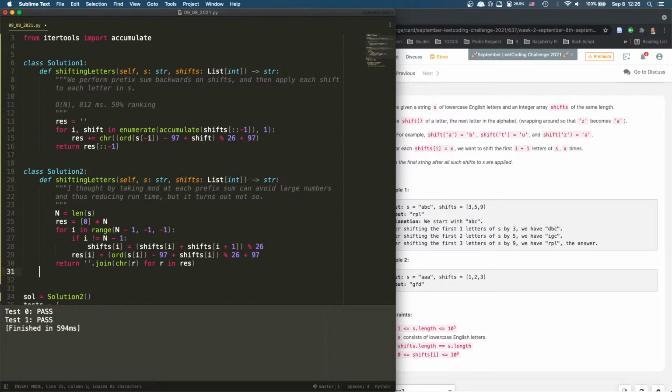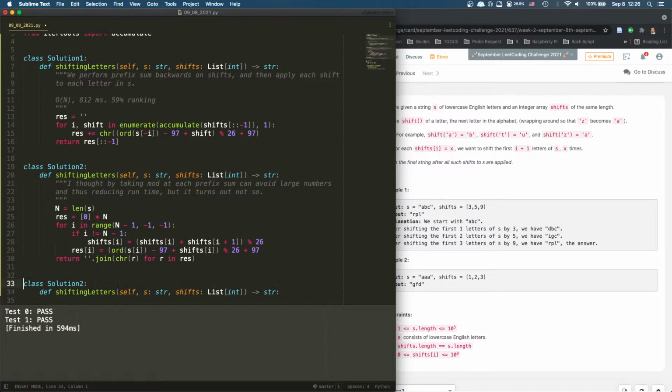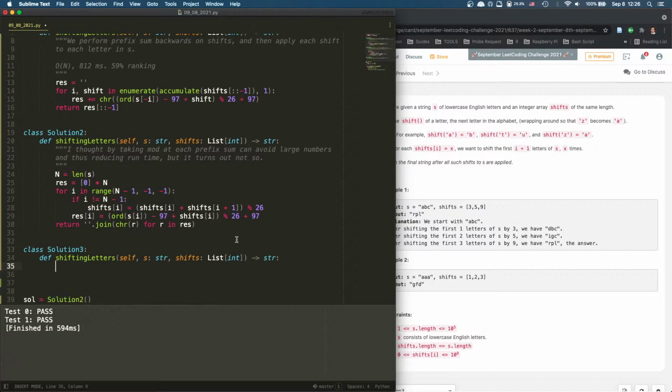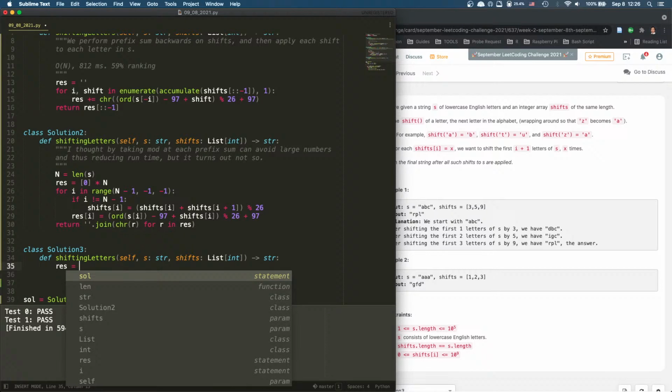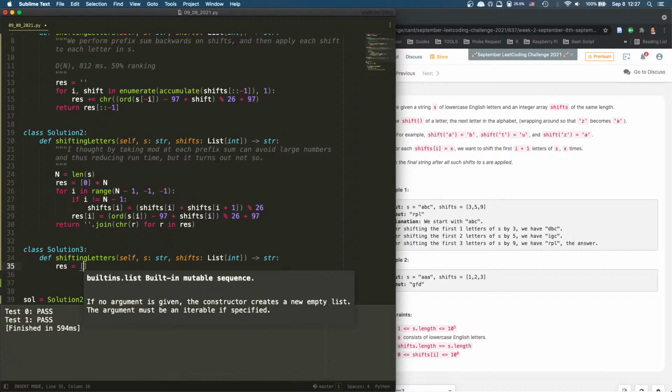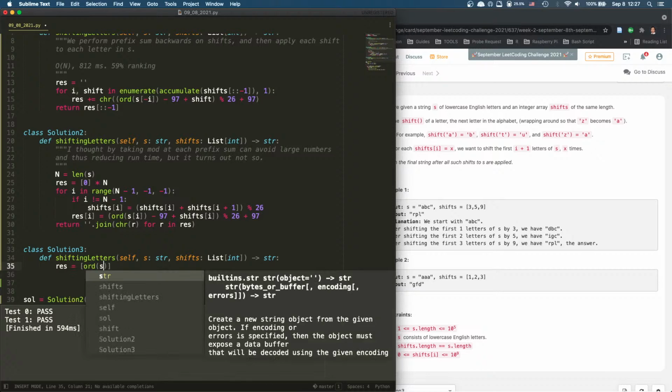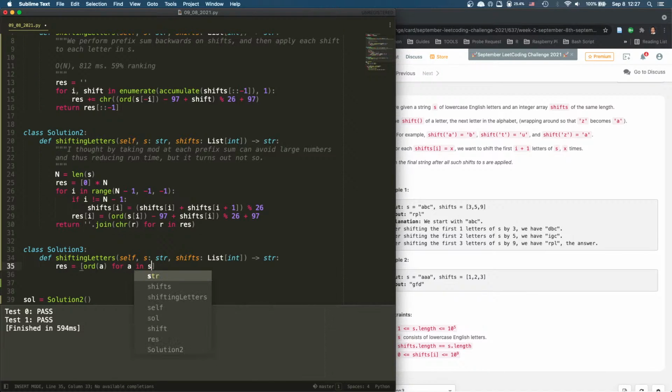They're all O(N), but I don't know why some will be faster than the others. Mod. I think it's because of mod. Mod takes time. So first of all, res will equal to, let's just say, ord a for a in s, right?